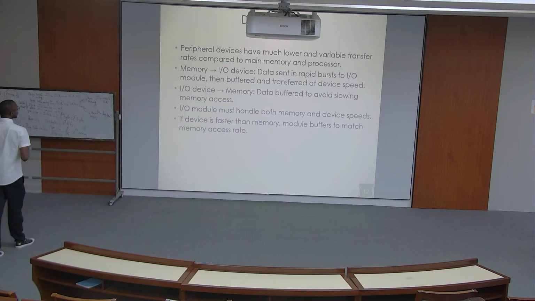Now, the input-output module has to handle both memory and device speed, because we have seen that the processor and the memory system are much faster than the input-output devices. That's why the input-output module needs this buffer to allow the data to be sent to the input-output module and stored in the buffer, and then sent to the input-output device at the device speed.